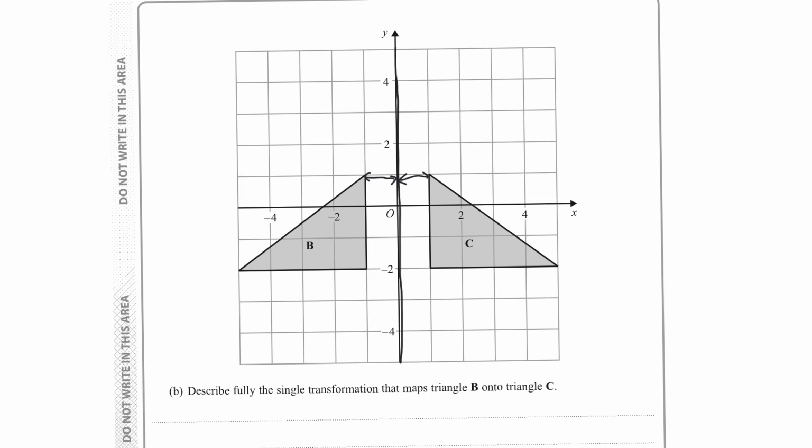So in your answer, you would just simply say reflection in the y-axis, or you could put reflection in x equals 0, because anything on the y-axis, x is equal to 0, and anything on the x-axis, y is equal to 0.